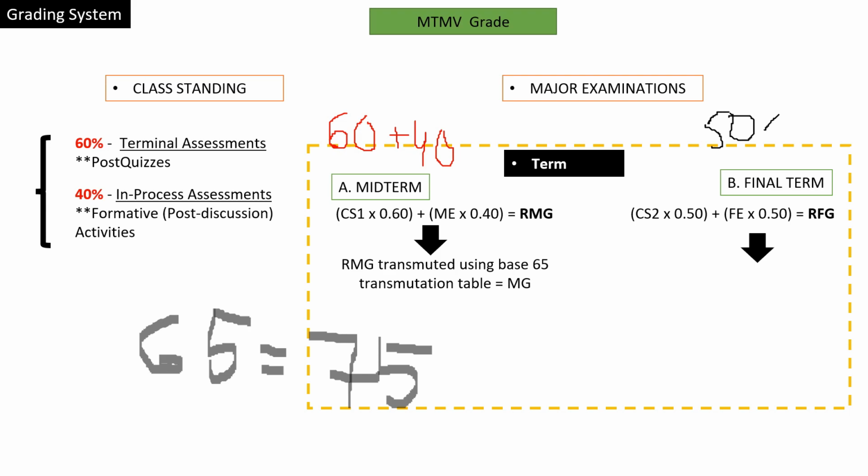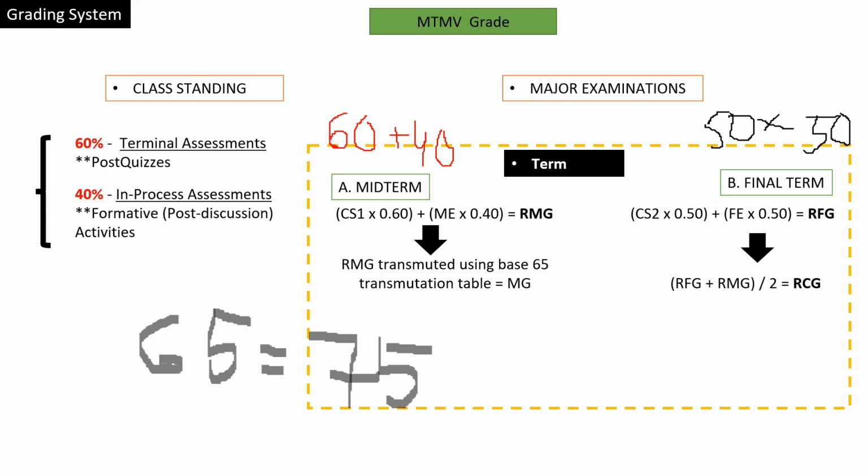hatian sa final term. Okay? Yan. And then, kung ano yung maging raw final grade nyo, ang magiging pinaka-final grade nyo will be raw final grade plus yung raw midterm grade.